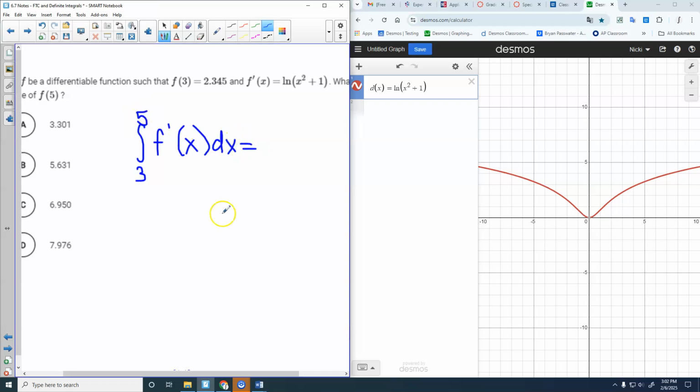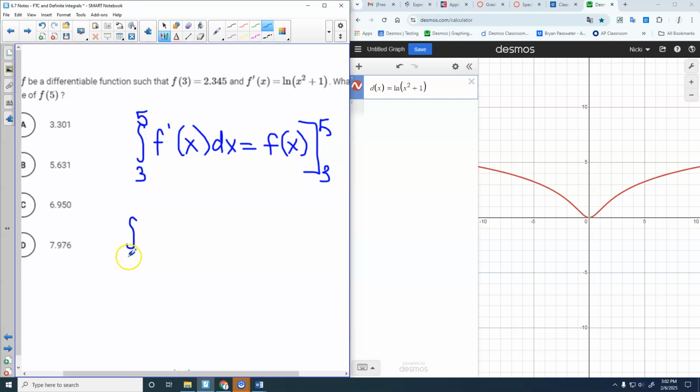If I integrate from 3 to 5, when I integrate f prime, I will get f of x, and then I would have to evaluate that from 3 to 5. And that's sort of that intermediate step. You don't necessarily have to write that down.